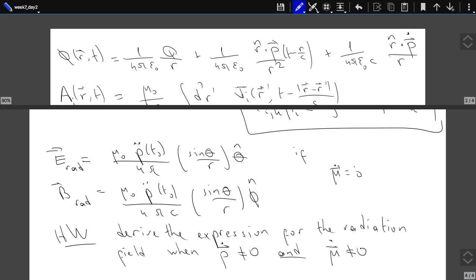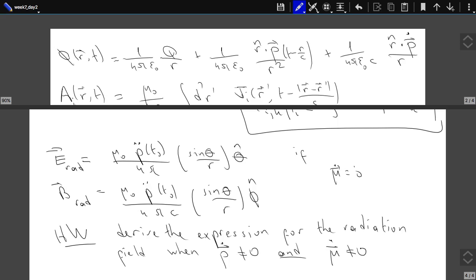We already have derived the expression for the vector potential and also for the scalar potential when there is a magnetic dipole moment and when there is an electric dipole moment that is changing in time. So I just ask you to derive the corresponding electric and magnetic radiation fields.